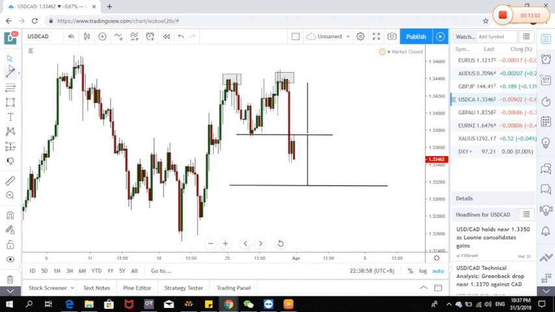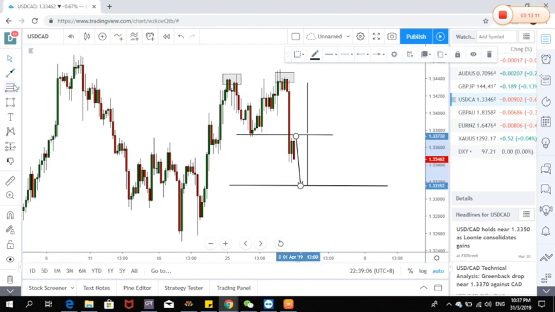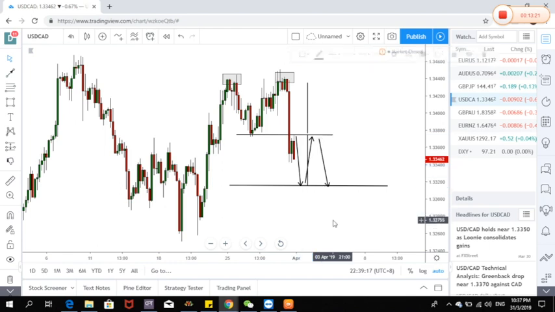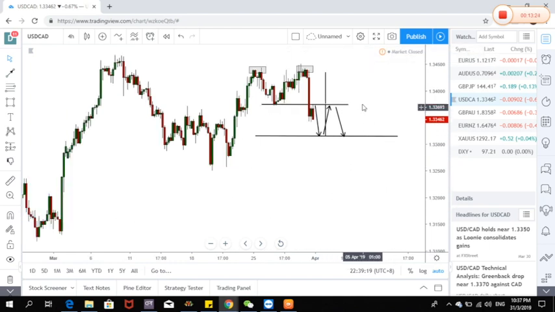Alright, so the target should be right here, and then after the price breaks, eventually it will come to retest the previous resistance and then continue ranging until it breaks one of these support or resistance zones.